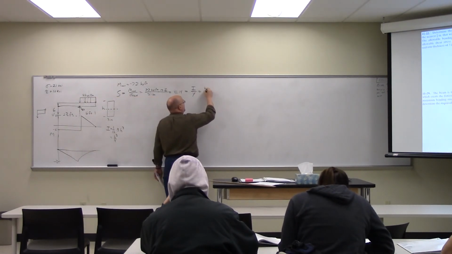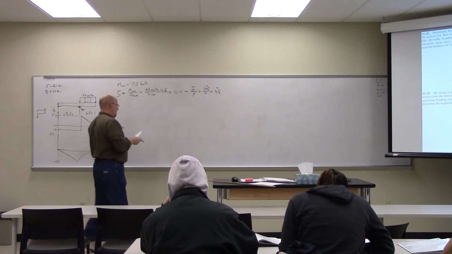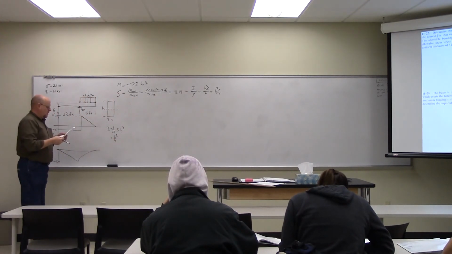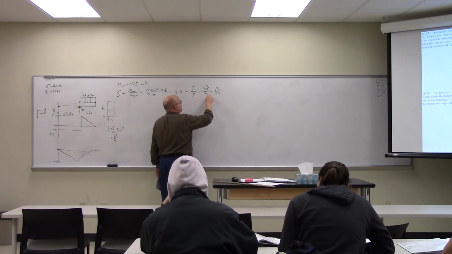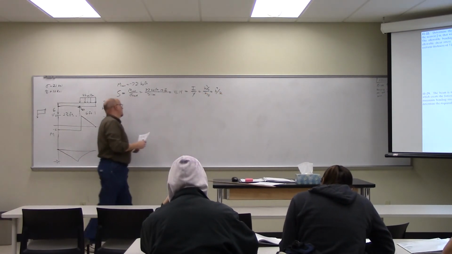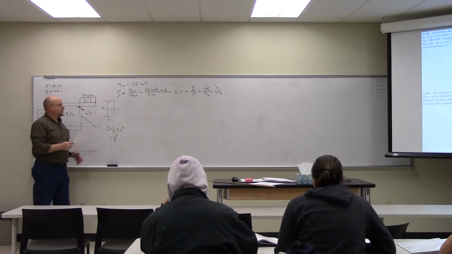So this is h cubed over 4 divided by h, so that's h squared over 4. Oh, no, yeah, sorry, h over 2. Right, h over 2 is y, measured relative to the neutral axis.